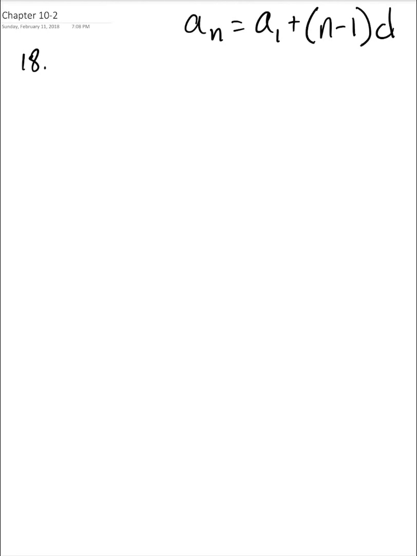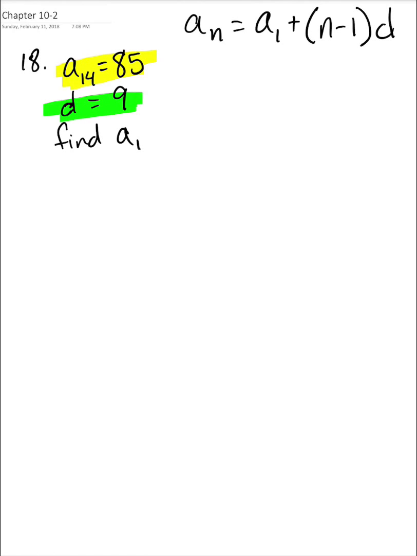All right, so number 18, it's telling us that the 14th term is 85, the difference is 9, and then it wants us to find the first term, a1, right? So given our formula, we want to go ahead and plug in what we do know. So let me color coordinate here. So we'll say this will be yellow, green, and then we want to find orange.